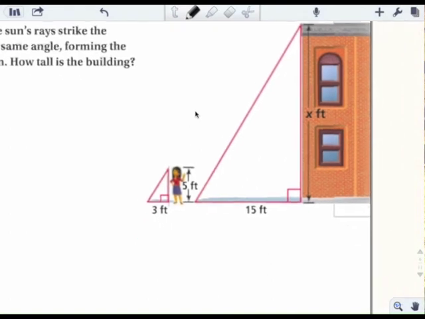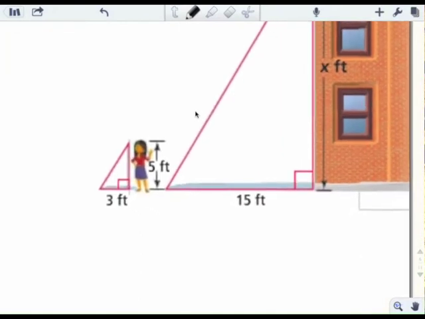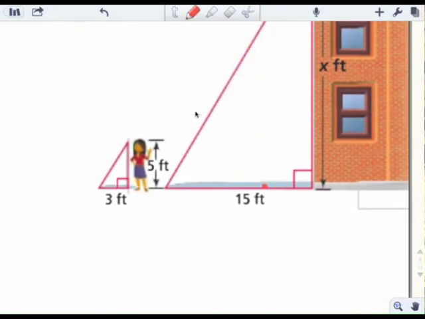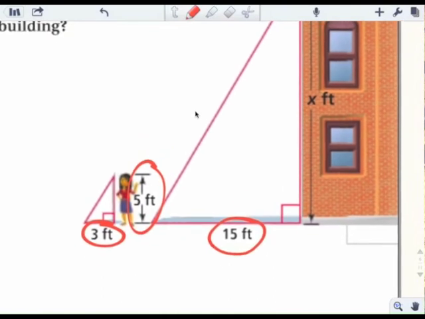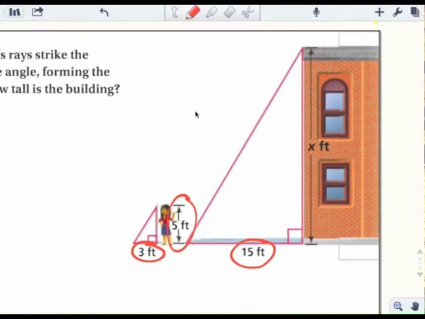So in this case, the sides that were given, let's see, we know the length of the shadow of the building, we know the length of the shadow of a girl, and we know how tall the girl is. So let's use these three pieces of information along with the fact that these triangles are similar to try to find what the height of the building is.